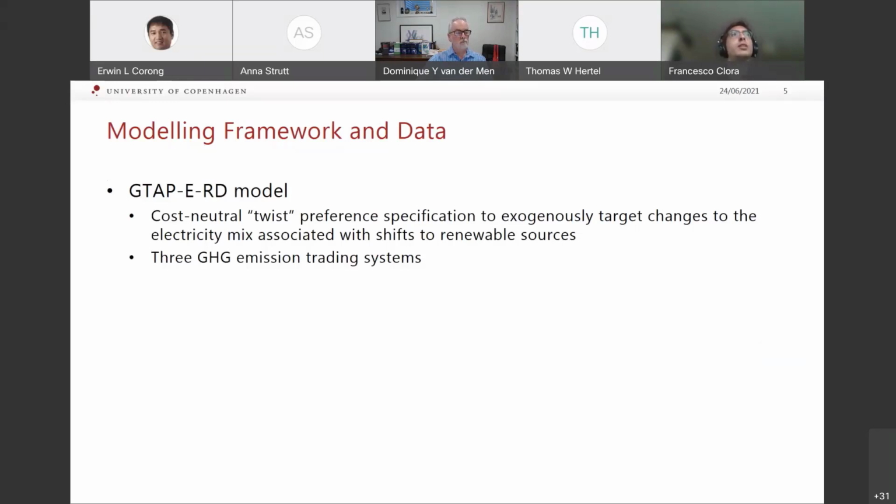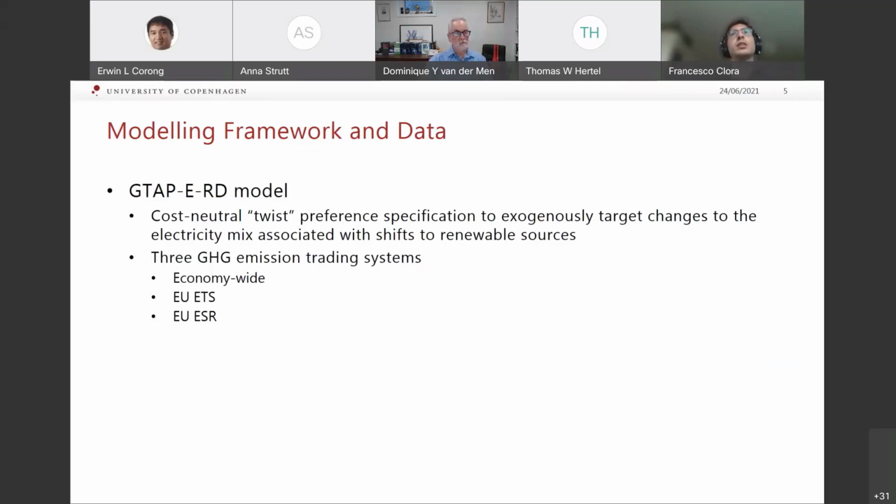We also added two additional emission pricing systems. The first one covers the EU ETS sectors. This means that we have an EU-wide price and target for power and industrial sectors following the EU ETS regulation.